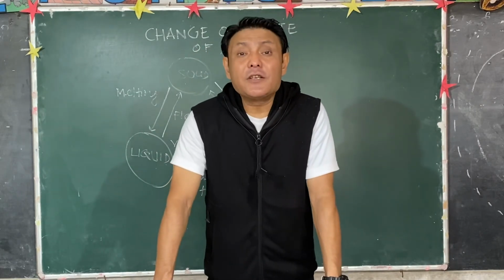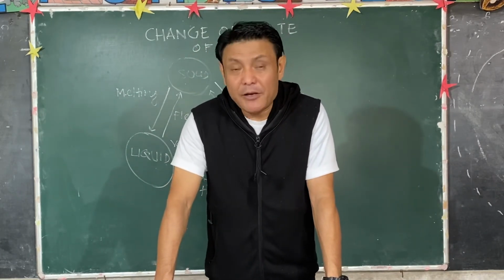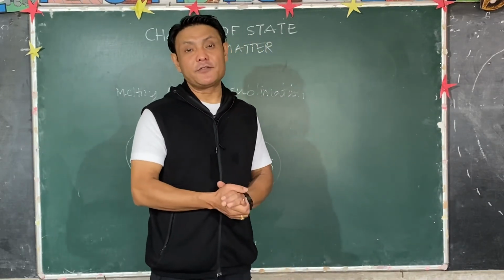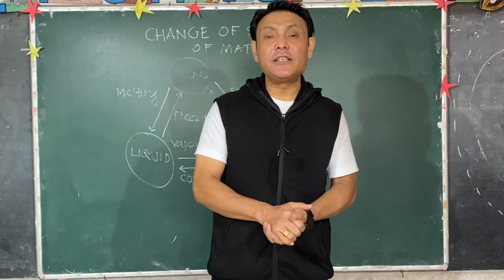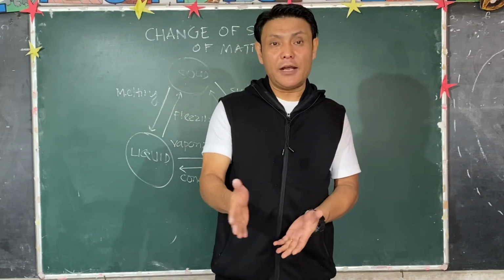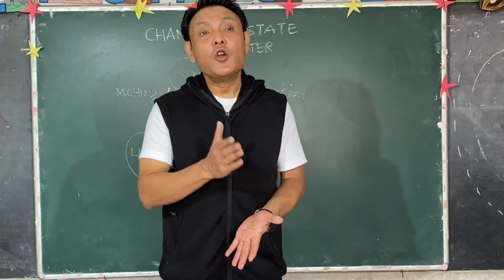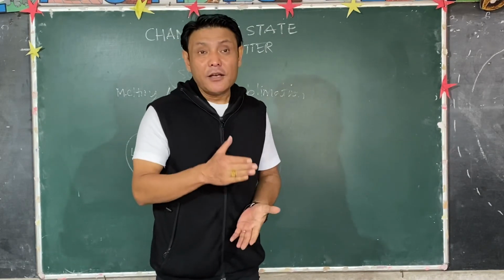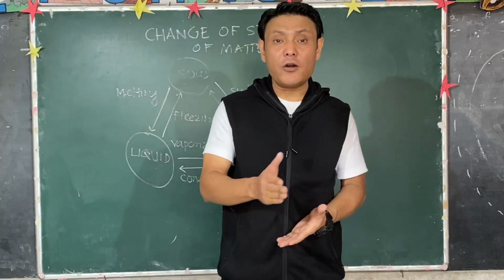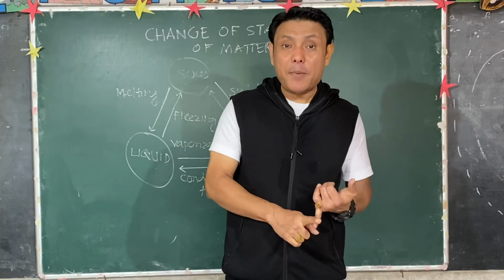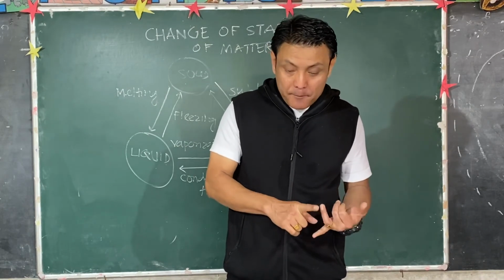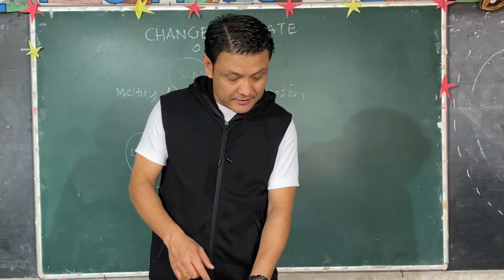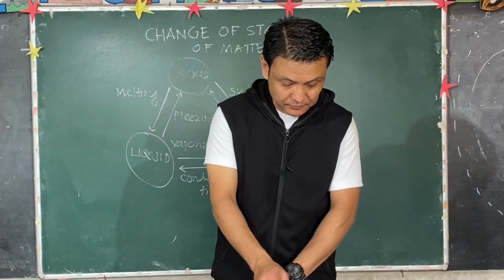What is a physical change? Let me repeat it once more. A physical change is a change in which no new substance is formed, whereas a chemical change is a change in which one or more new substances are formed. They are normally permanent changes.